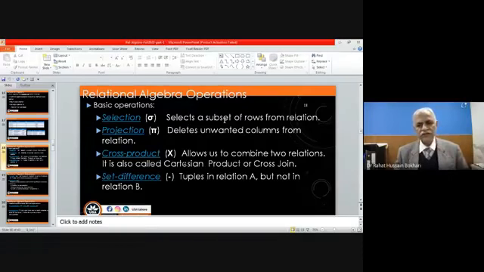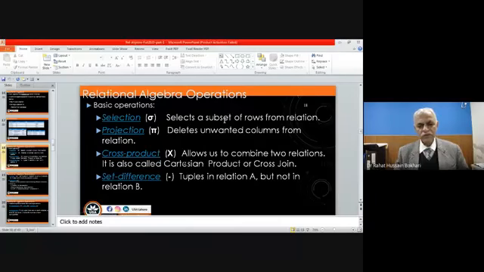According to that condition, we get the rows from the rows available within the relation. In projection, we deal with the columns. We display the required columns, and the unwanted columns we need not display in our result.